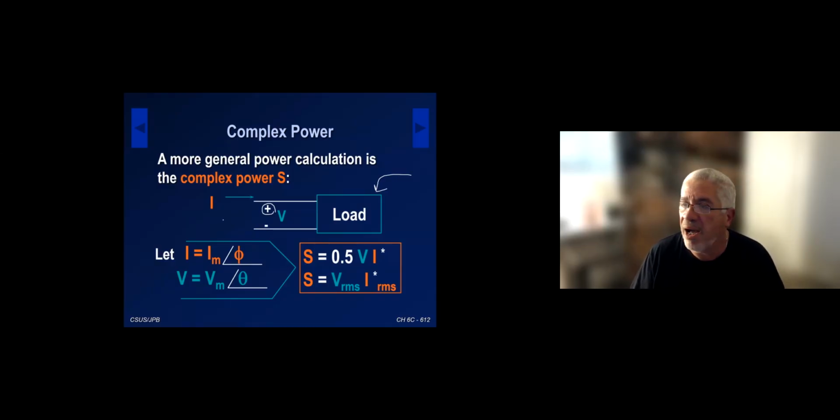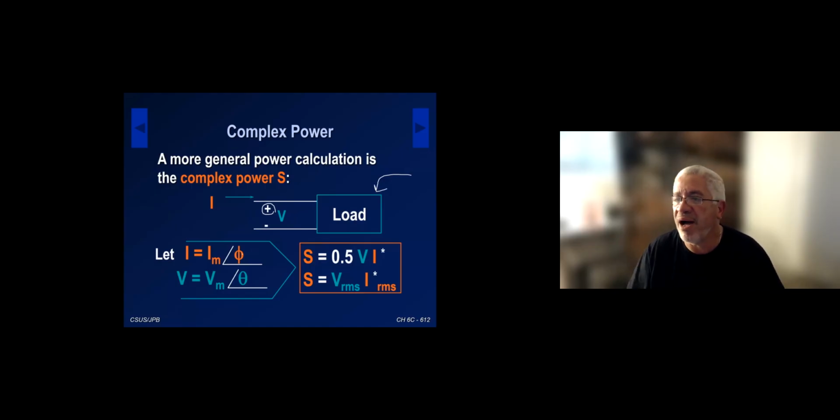We're going to flat out define it. For this particular circuit in phasor form, we assume that the current has some magnitude Im and some angle phi, something you've seen in the past. The voltage across that passive circuit has a magnitude Vm and an angle theta.